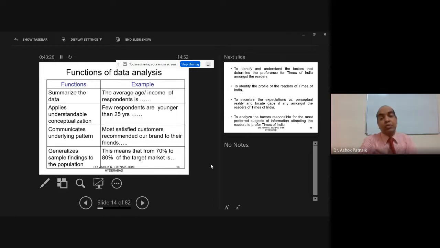Like if you know the average income of respondents is this much, then you can change your pricing, or you can design a product which matches their income group. Or similarly, if you know that this age group of customers is very few, then you can target a niche, you can make a niche product for them or something like that, right?